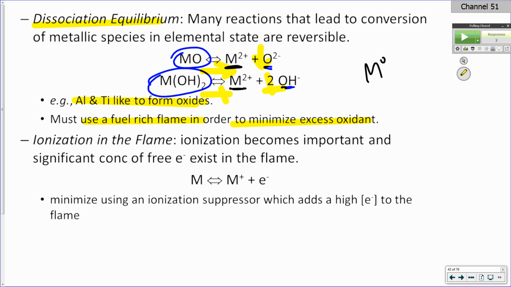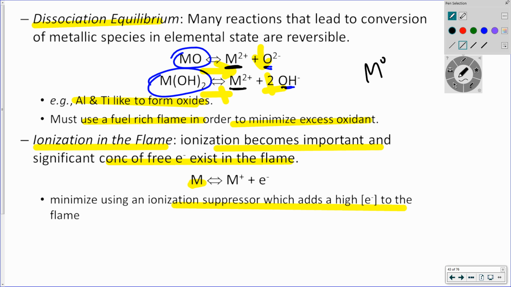Another problem that we have is ionization events that can occur. And ionizations become a problem when you have a deficiency of free electrons in the flame. So we're wanting our sample to be in this form. If we have something that ionizes very easily, what we can do is add an ionization suppressor to it, which adds a high concentration of electrons.